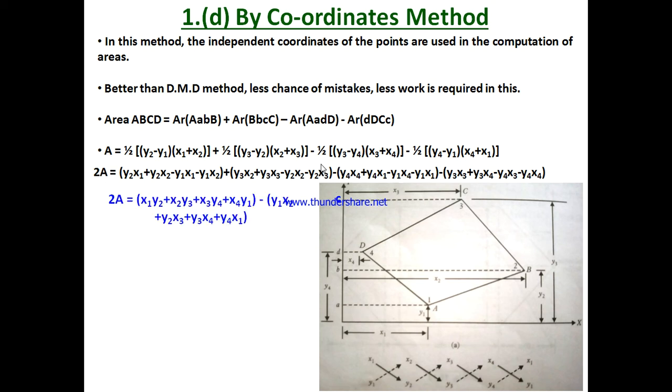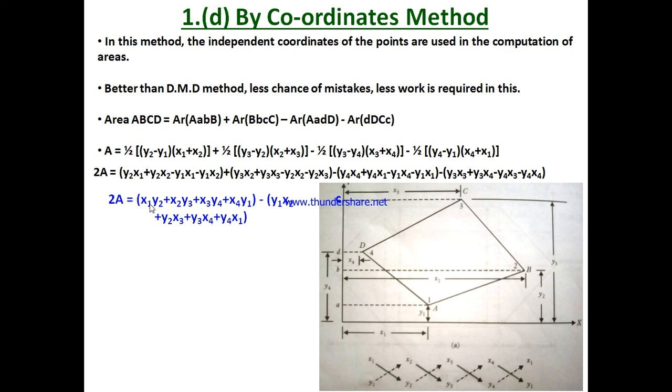Or if you arrange all these terms together, then you can find 2A will be equal to x1y2 plus x2y3 plus x3y4 plus x4y1 minus y1x2 plus y2x3 plus y3x4 plus y4x1.